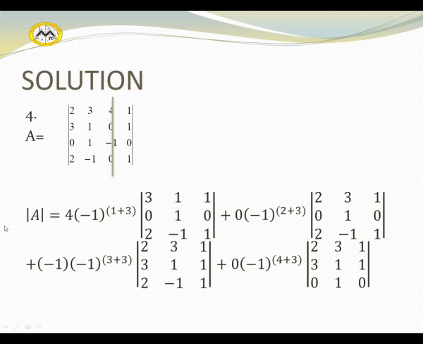Then as you can see here, if we evaluate, we can neglect right away the cofactor multiplied by the element 0 here. So these are equal to 0. Then all we have to do is just evaluate the non-zero terms.